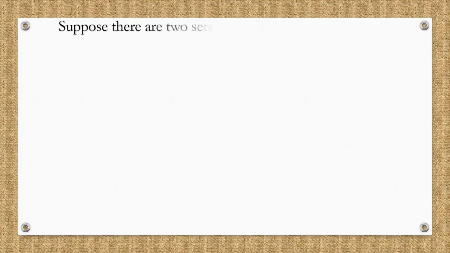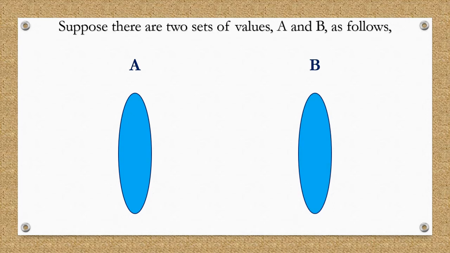Let's suppose that there are two sets of values, A and B, as follows. Both set A and set B represent a circle of values. Set A has 1, 2, 3, and 4. Set B has 5, 6, 7, and 8.